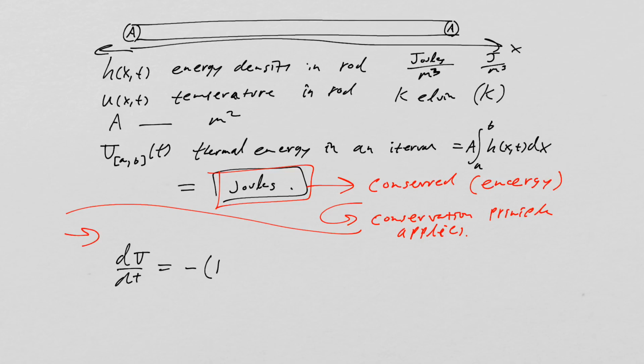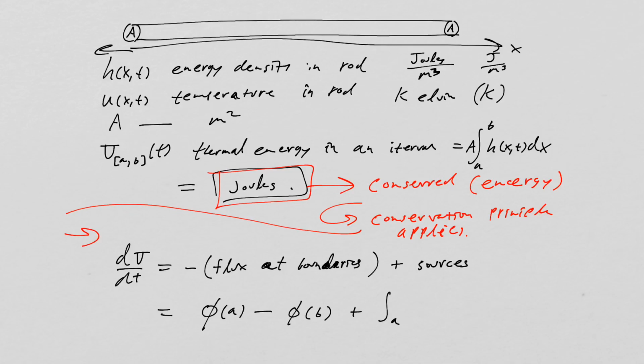It has to equal the negative flux at boundaries plus sources. Okay, so we can write that as the flux at A minus the flux at B plus the integral from A to B of any source of x comma t dx. But what we're going to do is multiply everything by that cross-sectional area.